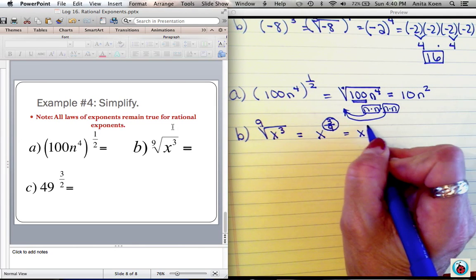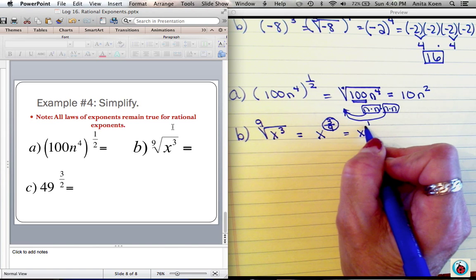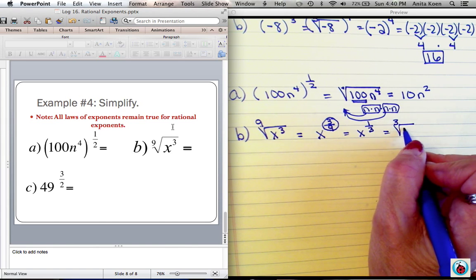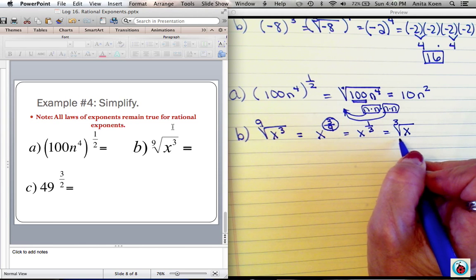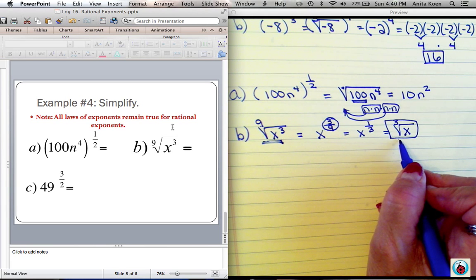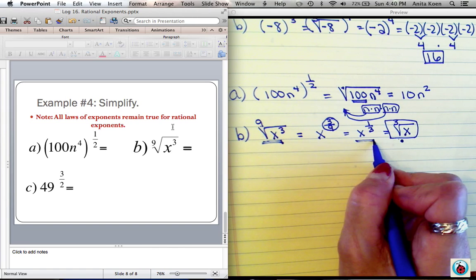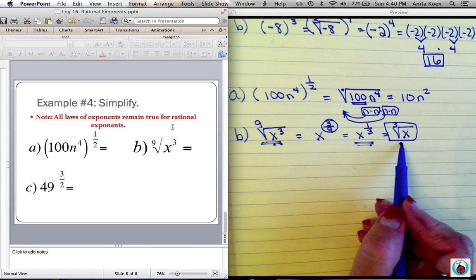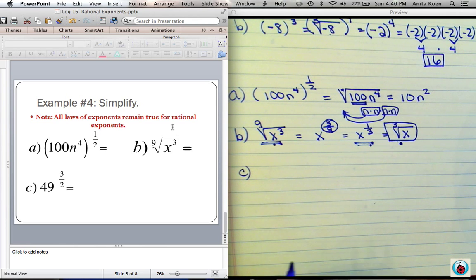So I can reduce 3/9 to 1/3. So this is the same as the cube root of x to the first power. When my problem starts out in radical form, I want to leave it in radical form. Okay, x to the 1/3 is also an acceptable answer, but usually if we start in radical form, we want to leave it in radical form.